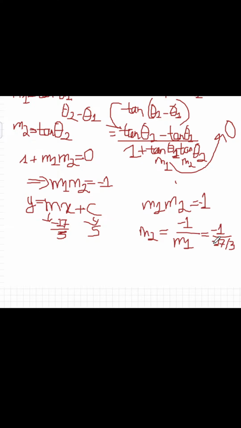So then the negative sign cancels out and this will go to the top, so it will be 3 by 17. So our answer is 3 by 17.